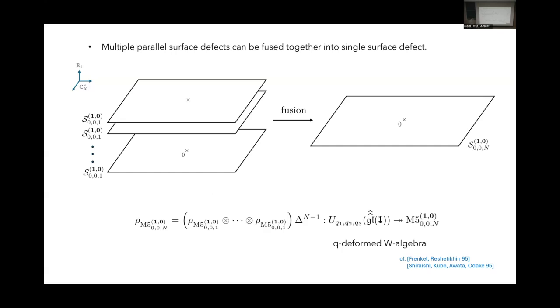You'll find some image, something that's embedded into tensor products of free Q bosons. And I define that image to be M5 00n. This will be the q-deformed W algebra that's defined by Frenkel and Reshetikhin and Shiraishi and others. I didn't explain why.